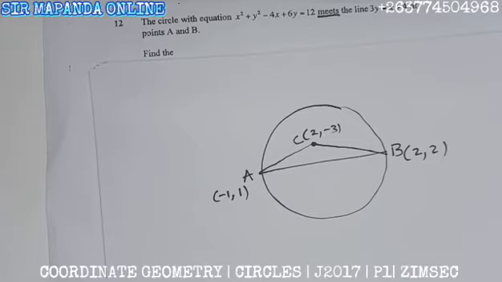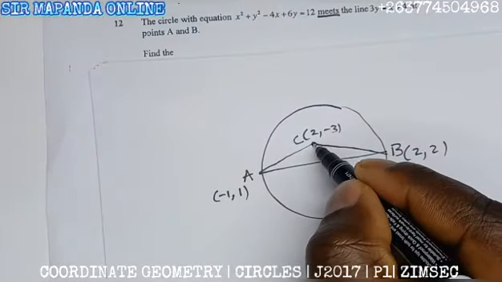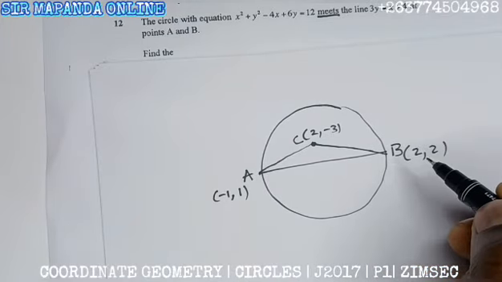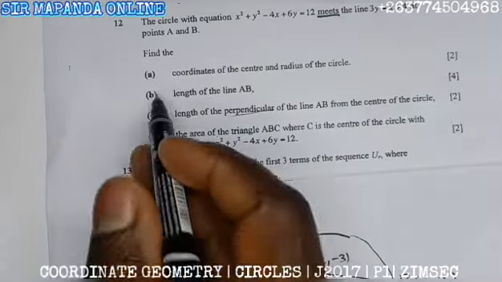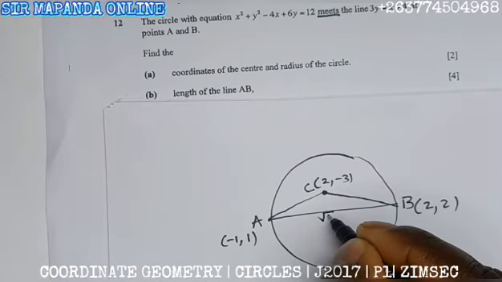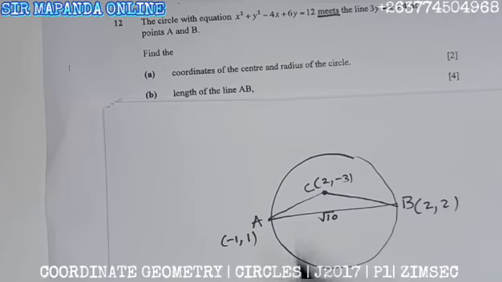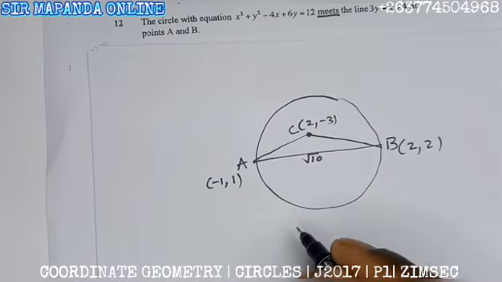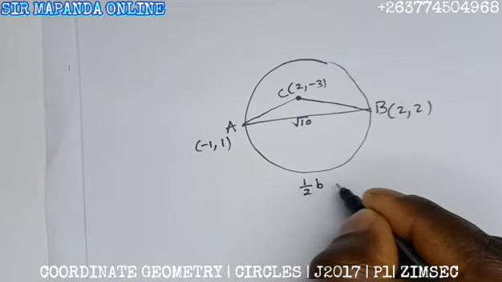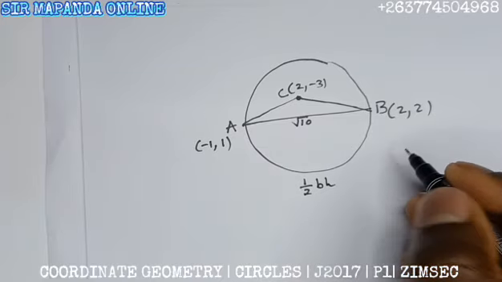Right, so in this case, since the distance from A to B was calculated in part B, the answer was root 10. So you write root 10, which is the base of the triangle. To find the area, we are saying area of the triangle is equal to half base times height.